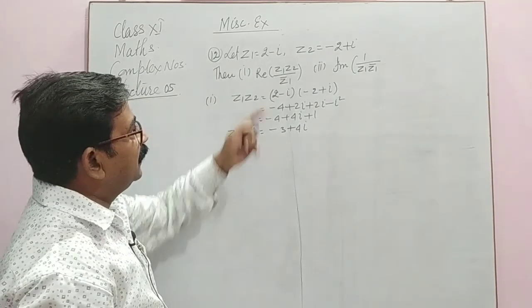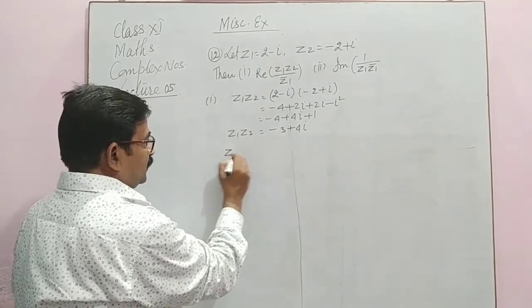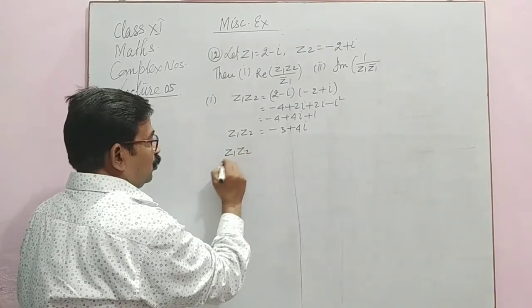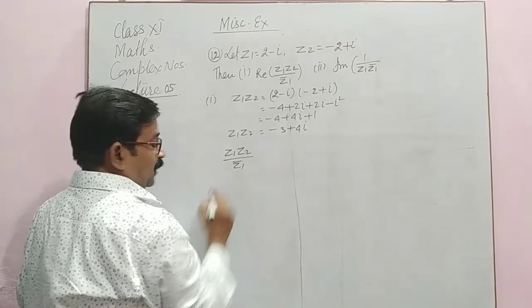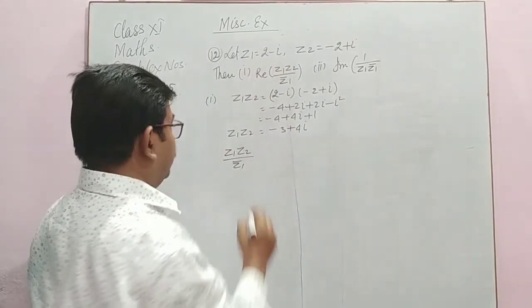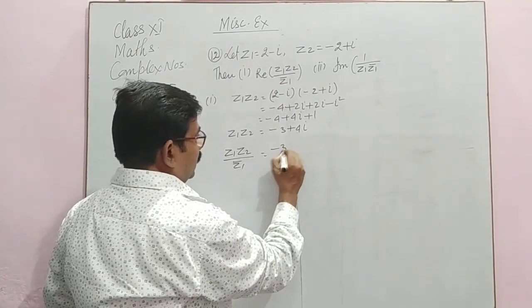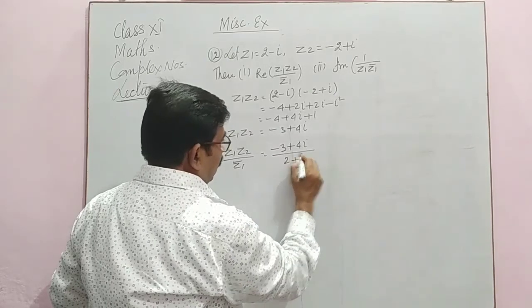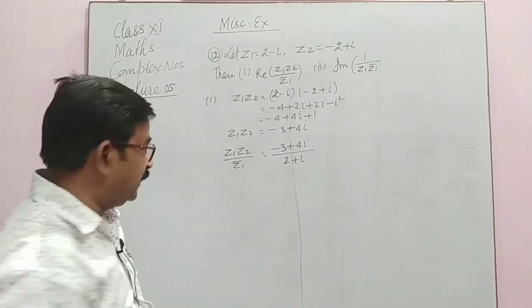Now get the value of z1z2 upon z1 bar. What is the conjugate of z1? This is 2 + i. So we can write (−3 + 4i) upon (2 + i). We have to simplify this.